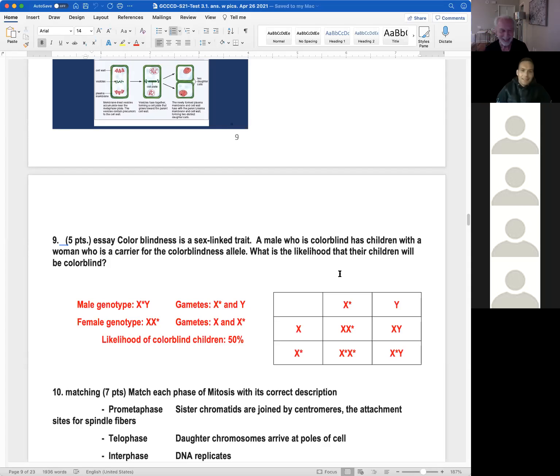So I guess you could regard it as a special case phenotype. Contrast that with the genotype, which is a symbol. A phenotype you describe in words. So colorblind is the word description. X star is the genetic description. Thank you.